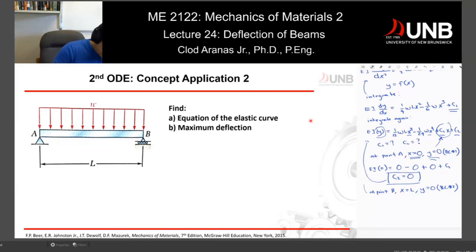Now, I can apply this boundary condition, going back to my original equation there.